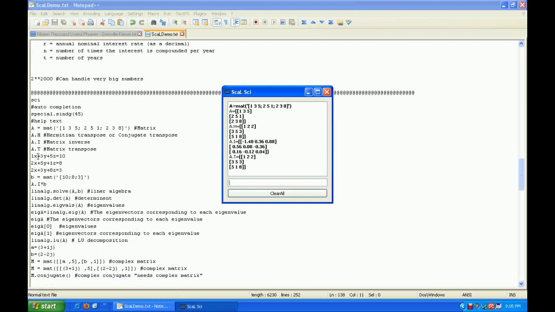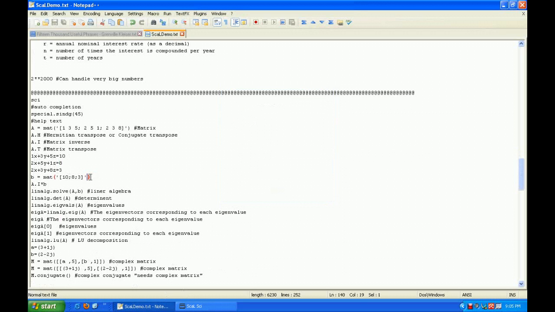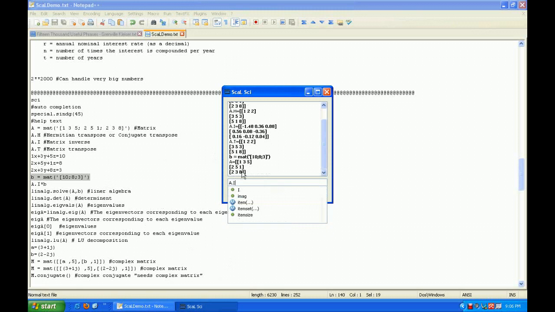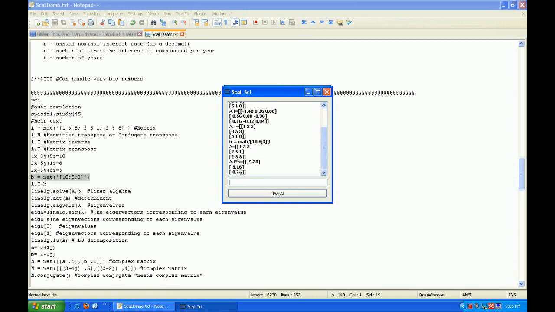If we have a linear equation that looks like this, it can be represented by two matrices, A and B. The first column represents the x, y, z variables, and the solution would be the inverse of A times B. So these are the values of x, y, and z respectively.